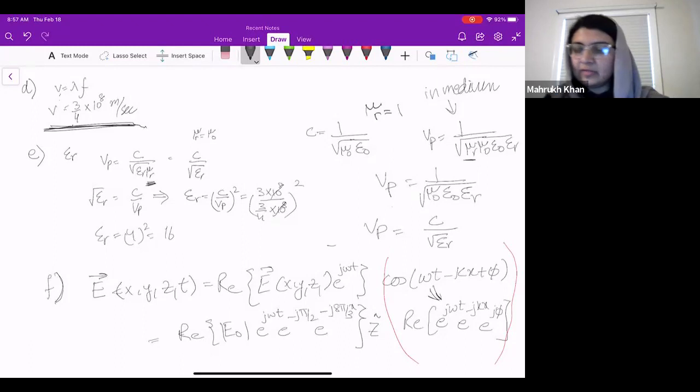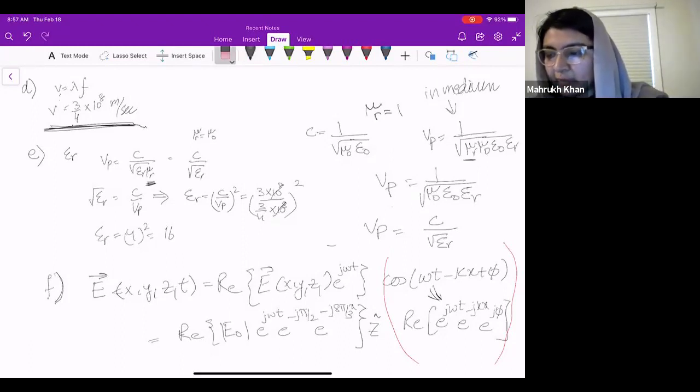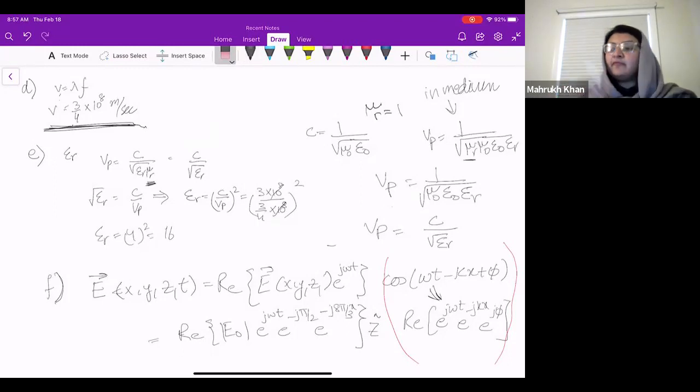Okay? I think this is a little bit confusing when they say mu r is mu naught, because you will not write mu naught for the second time. You will think that it should be multiplied with some factor if there is a value of mu naught. Okay? Are we good about this?